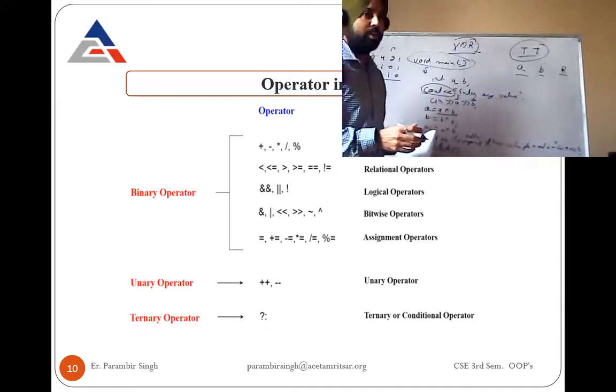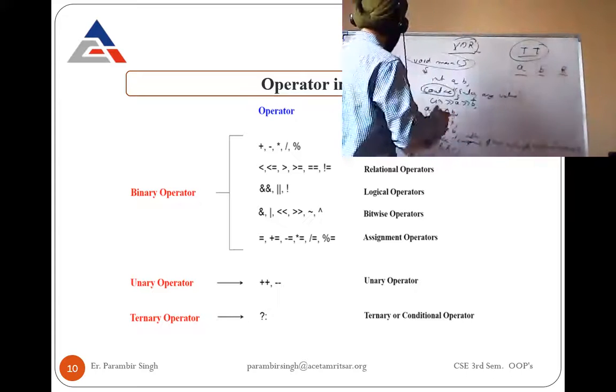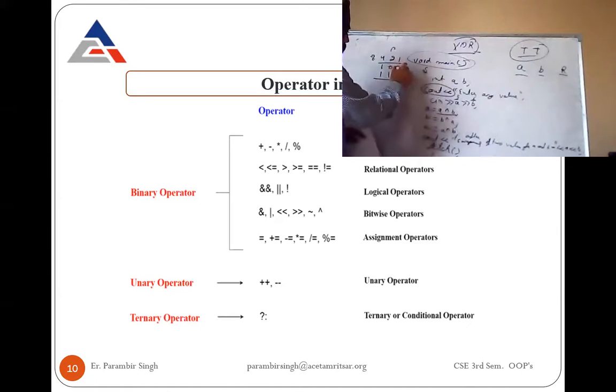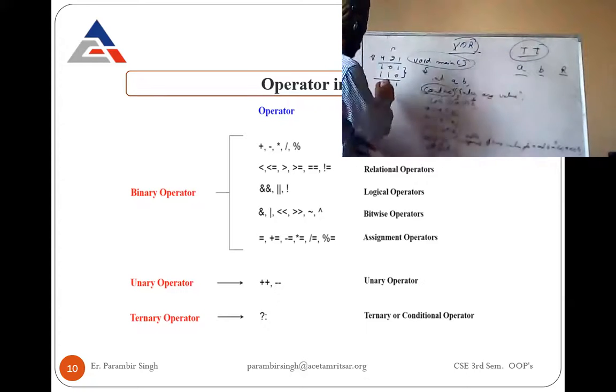The XOR operator works like addition of two numbers, so just add these two values. What is the output for this? 1, 1, 0. When the same value is there, the output is 0.